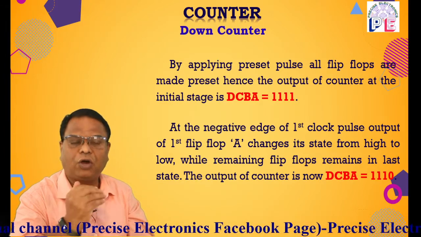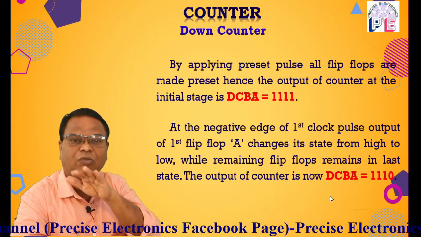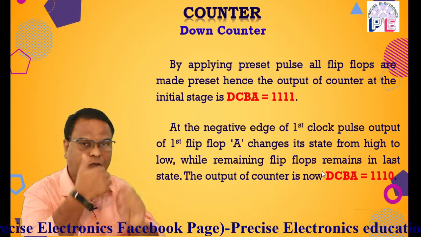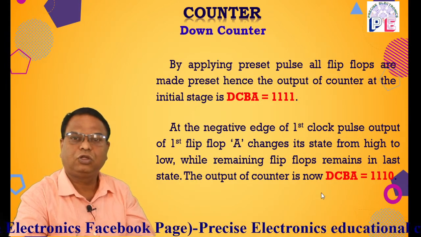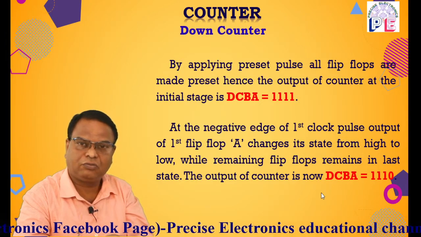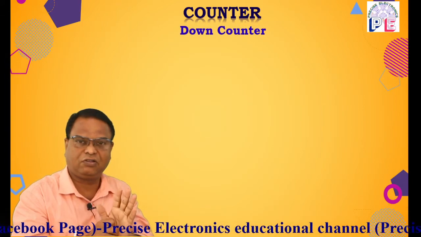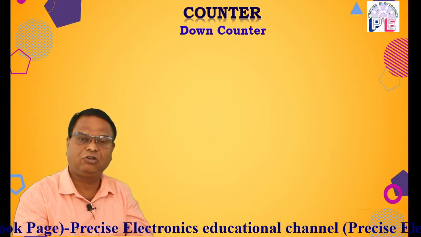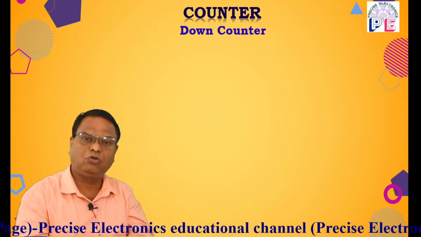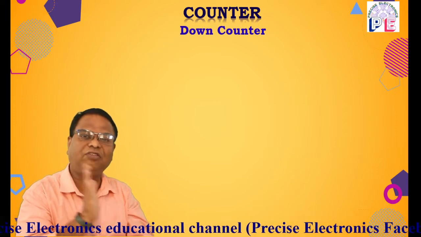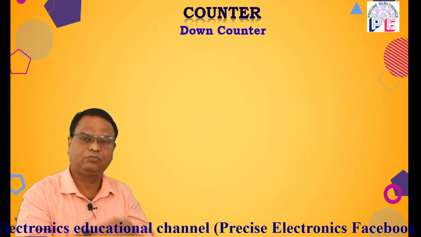So the output of the counter at the first clock pulse is DCBA equal to 1110.